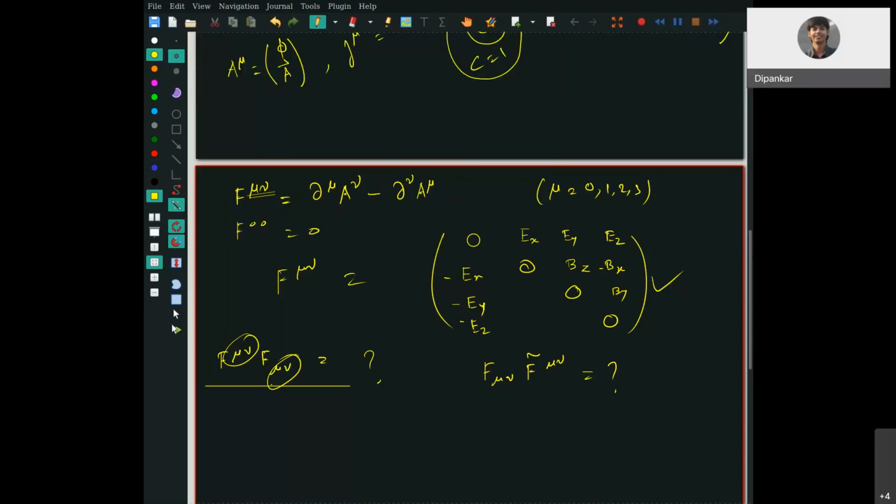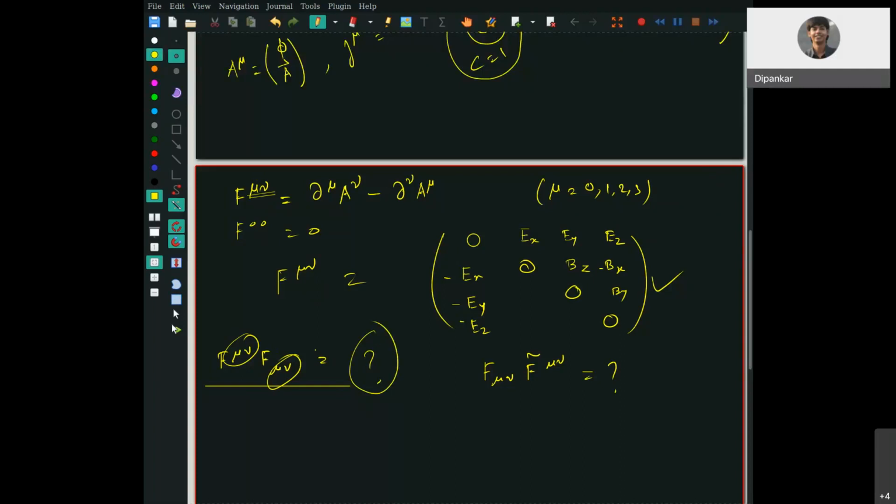Do you know about scalars, vectors, tensors of rank 2 from your mathematical physics courses? Yes, sir, just very basic. Yes, so learn about that. Scalars means that they do not transform under your coordinate transformation. Now, what is the coordinate transformation for relativity? It's the Lorentz transformation. So these quantities do not change under Lorentz transformation.